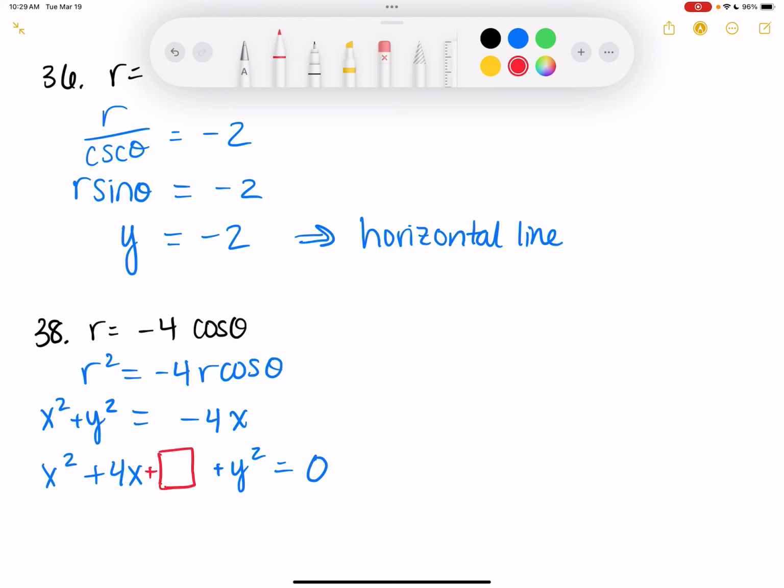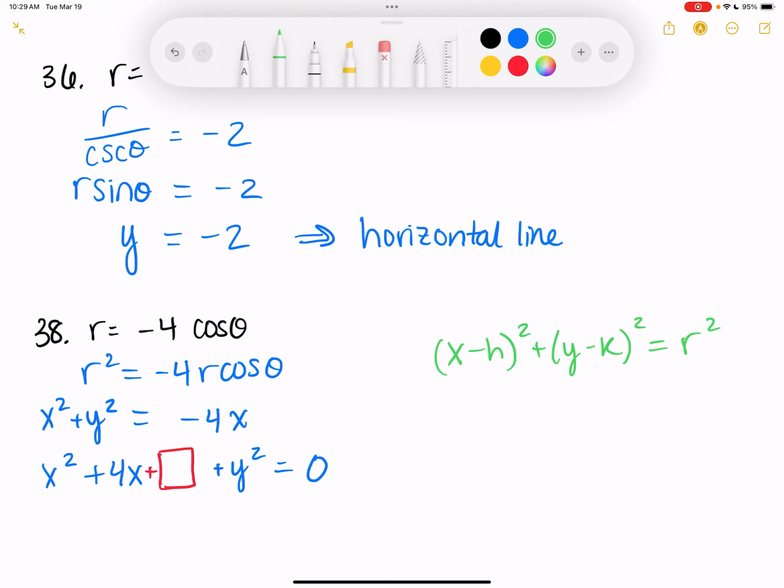Well, you're still completing the square, but the y squared piece by itself is fine. But I need to get this in circle form, and having the x squared plus 4x is not in circle form. Okay, do we know the equation for a circle? R squared equals x squared plus y squared, something like that. So it's x minus h squared plus y minus k squared equals r squared.